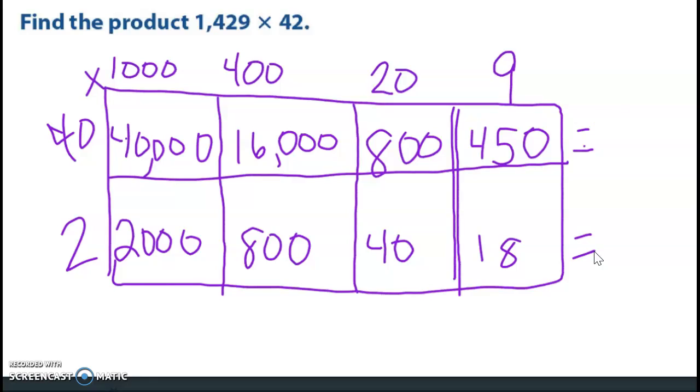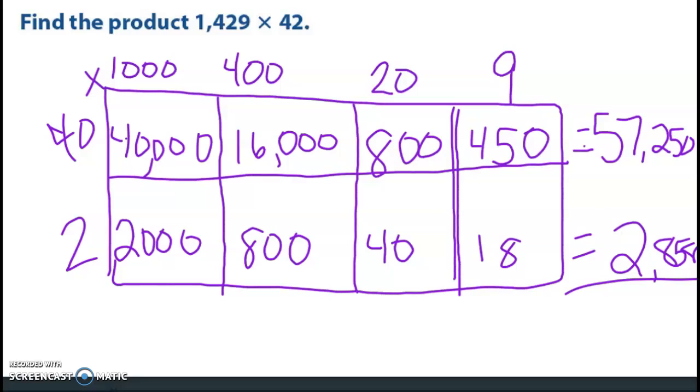So I get 57,250. And then I'm going to add up my bottom numbers. 2,000 plus 800 plus 40 plus 18. I get 2,800 and then 58. Squeeze that in there.